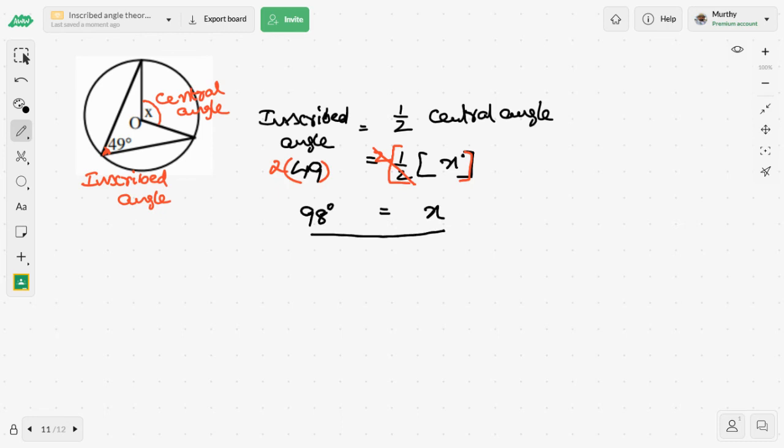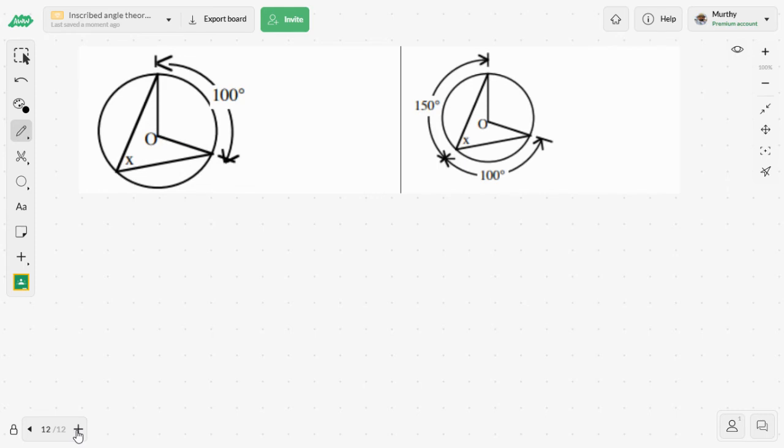Done. But all the questions may not be as simple as this one. So let me take this one. Here, please remember that the intercepted arc is equal to the central angle. So don't get confused.